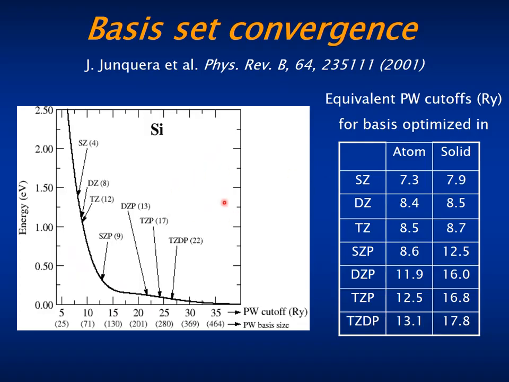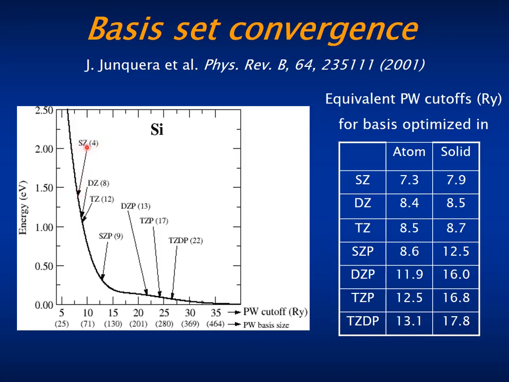In this figure and table, we compare the performance of the Siesta atomic orbitals with that of a plane wave basis. The curve shows the convergence of the total energy of bulk silicon as a function of the plane wave cutoff using a plane wave basis. The arrows show the energy of Siesta using different basis sets.